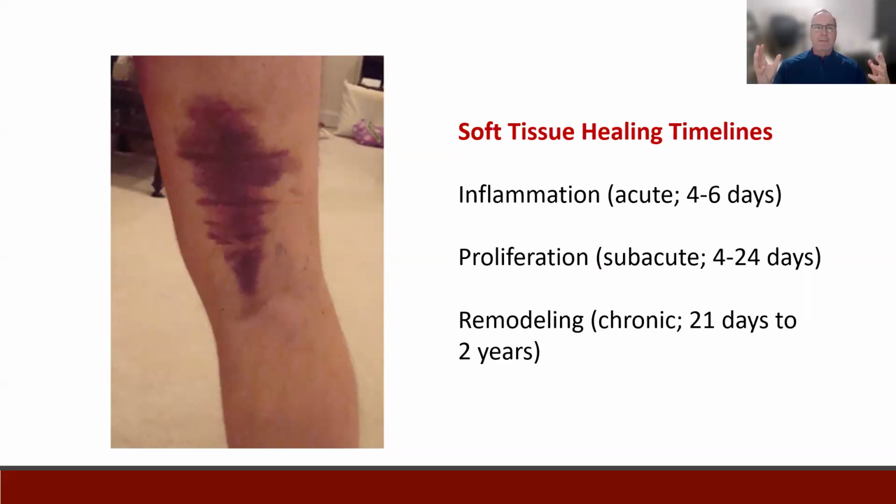Let's think about the neuromuscular system. What do we think about the person who's recovering from a stroke? There are these distinct stages that they go through, just like with a soft tissue injury, there are these distinct stages that the person is going to go through as well. All right, so that's what that question was based on.